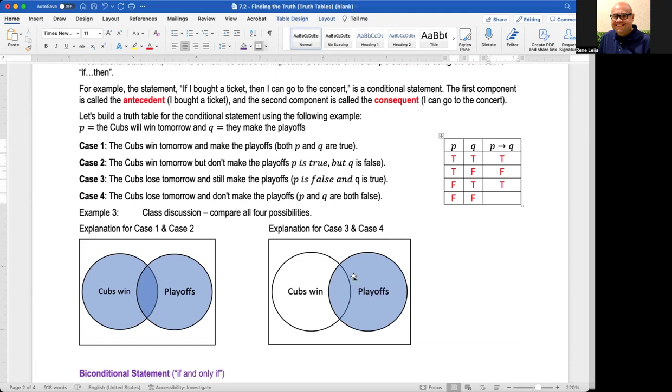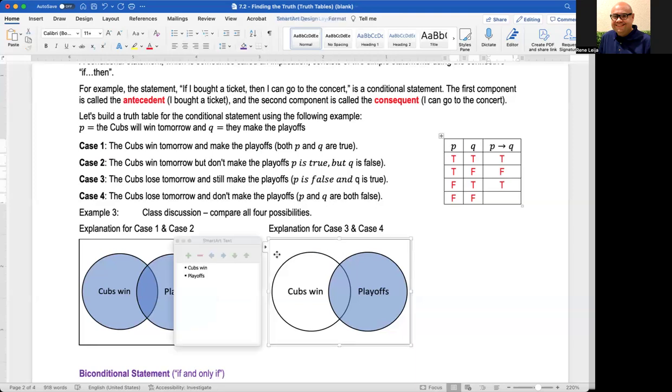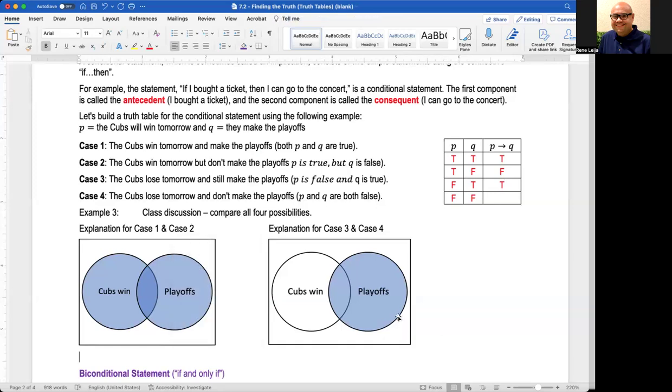Now, if they don't win tomorrow, so outside of this circle, then they're not in the playoffs. Okay, well, remember, it's everything outside of this circle. And because I couldn't shade, I had a hard time trying to figure out how to shade all of this.